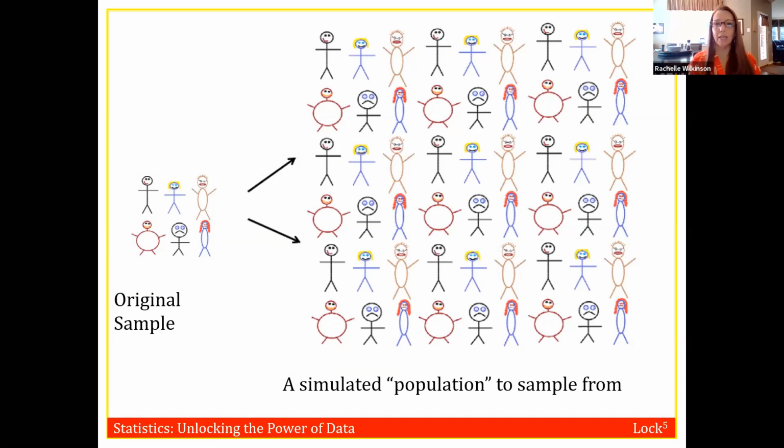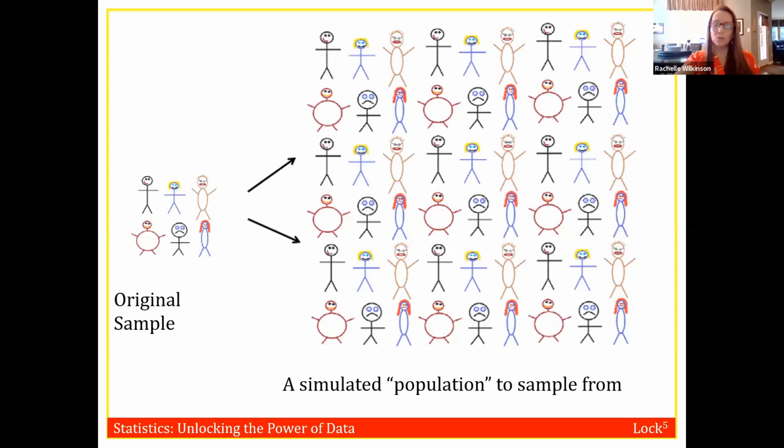In a bootstrap situation, we're trying to capture this idea: if I were to make lots and lots of copies of my original sample and call that my simulated population, then I take thousands of samples from that. We're going to call those bootstrap samples.